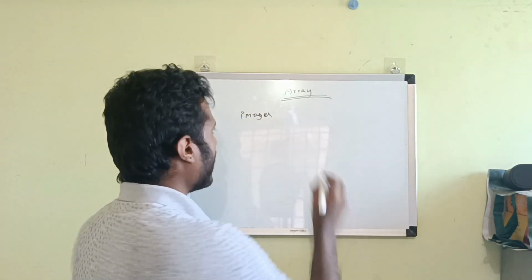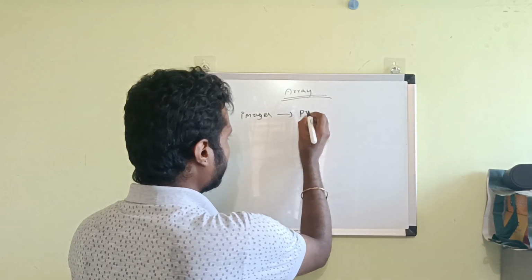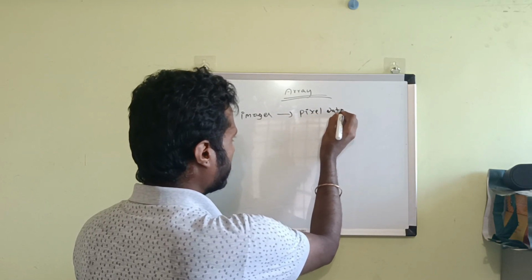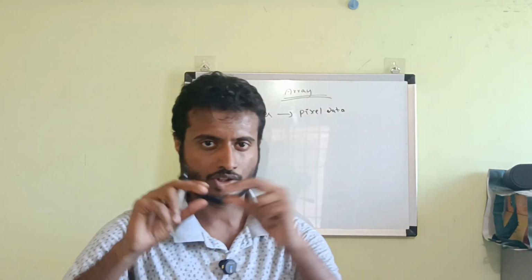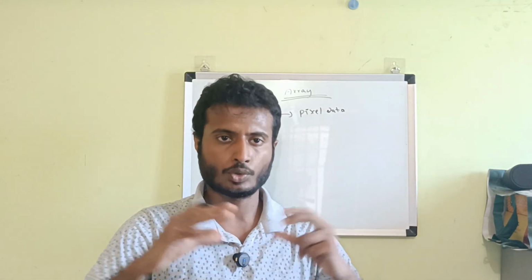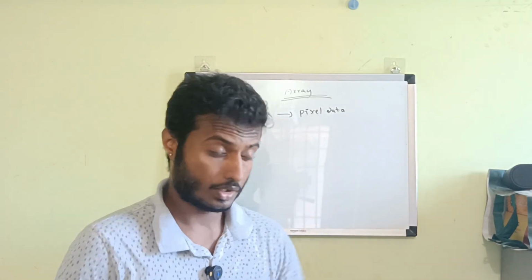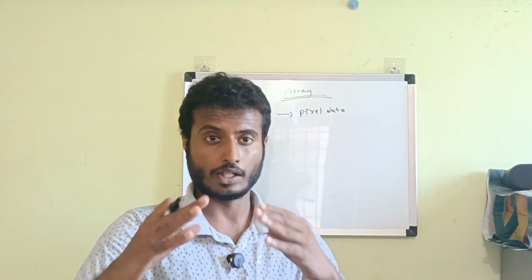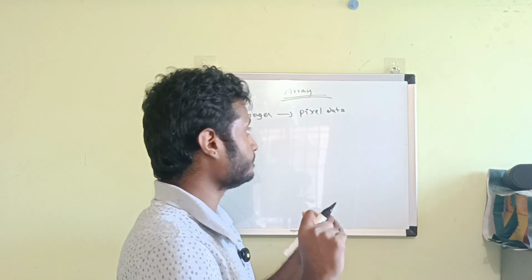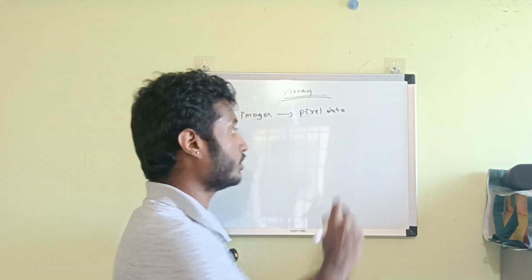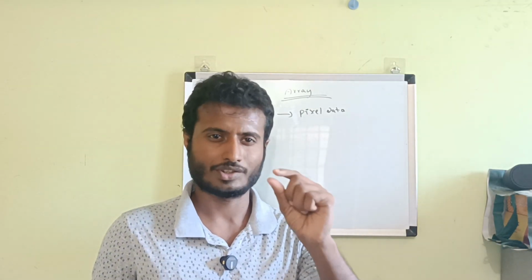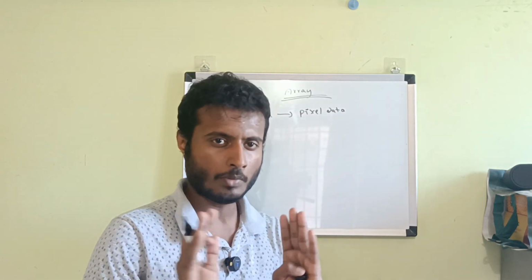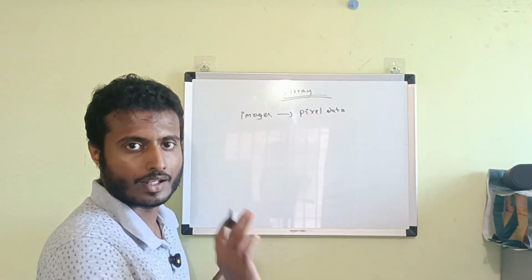Images are what? Pixel data, right? Pixels are small boxes which constitute together to form an image. Whatever you are seeing of me, it's a picture, and that picture is formed through small tiny boxes. Small tiny boxes constitute together to form a picture, and that's an array.